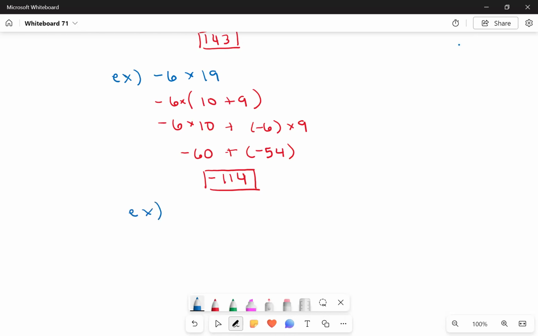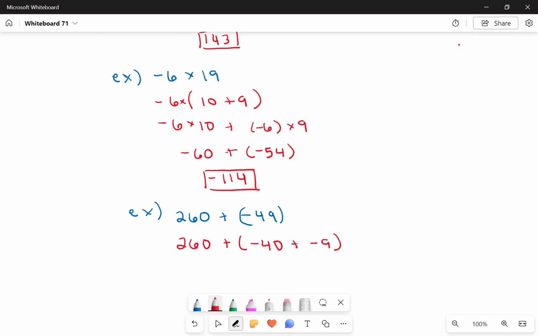How about substitution? Let's try 260 plus negative 49. Okay, so 49 is kind of harder to work with. So I'm going to break it up into negative 40 plus negative 9.